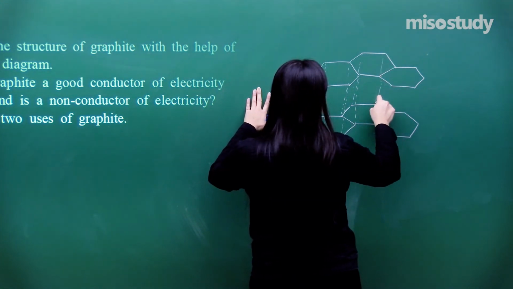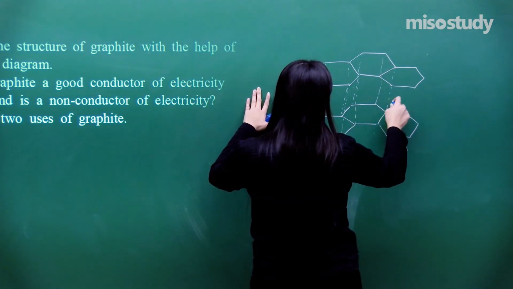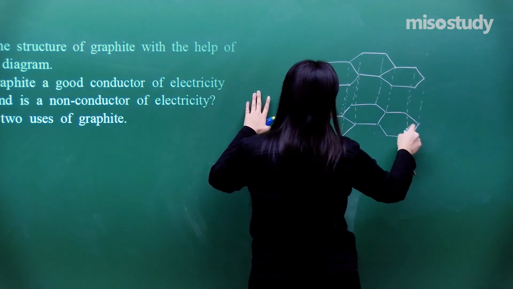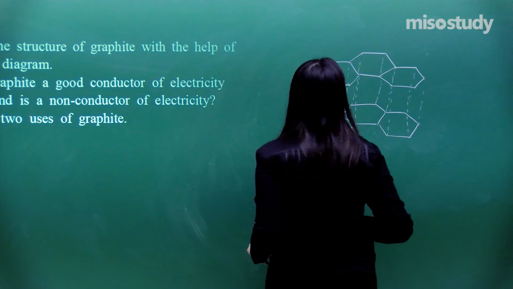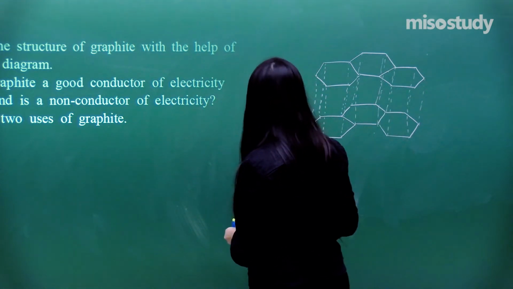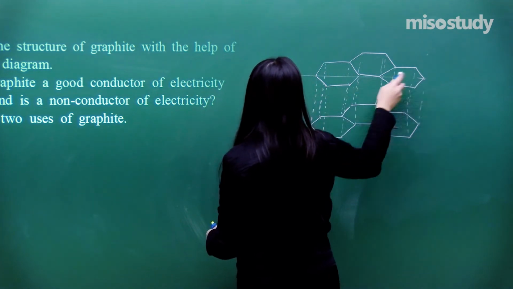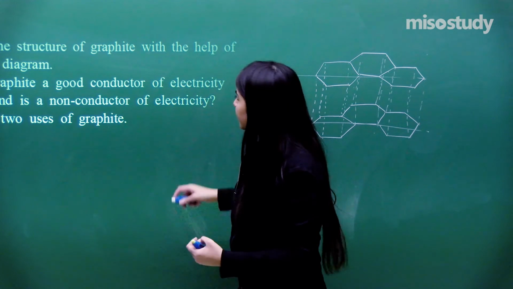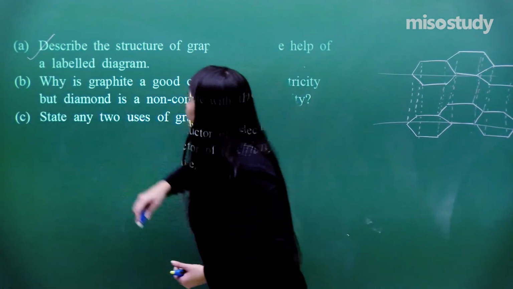Although it's not a proper one, with the help of a scale you will be able to do that properly, fine. So you can just represent, this is layer 1 and this is layer 2, those are stacked onto one another, fine. So A part done.